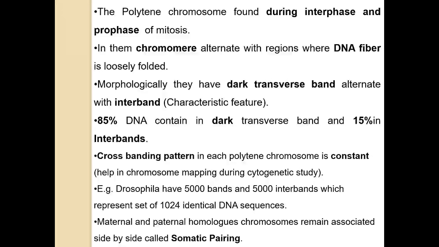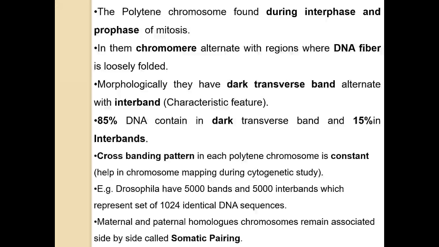In the polytene chromosome, the chromomeres and the DNA fibers are arranged alternately, and that's why dark bands and interbands are formed. The dark band has a large amount of DNA content, that is 85%, and the interband has 15%.